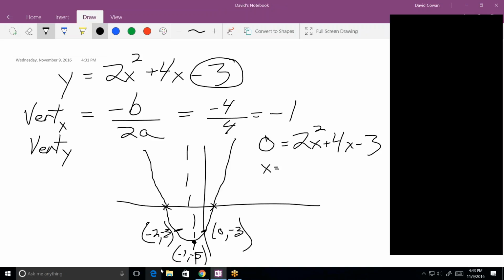X is going to equal -4 plus or minus the square root of 4 squared minus 4 times 2 times -3 over 2 times 2. There we go.